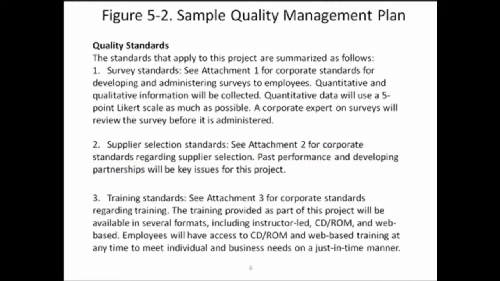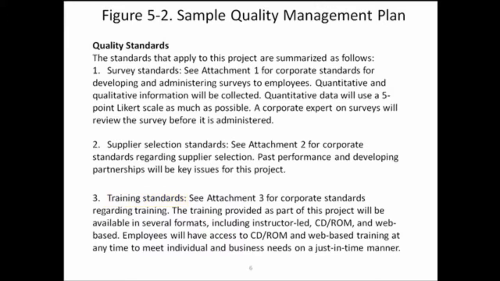And then the third quality standard that they're going to have is their training standards themselves. There again, they have corporate standards regarding training, but they do list some specifics also. The training provided as a part of this project will be available in several formats. So it lists some specific standards there also.